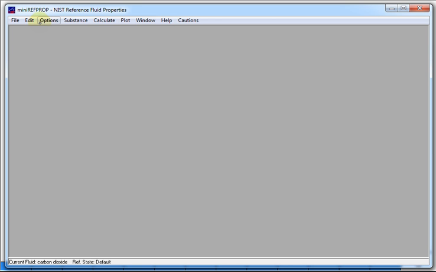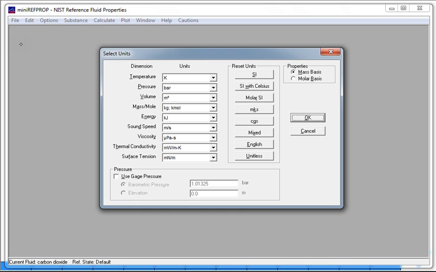You can see that you have file, edit, options, but go under units, and you can say, oh, I like to work in this temperature, Fahrenheit, degrees C, Kelvin. I like to work in bar, megapascal. I just noticed they allow us to work in ratio T over T critical, relative temperature for that substance.